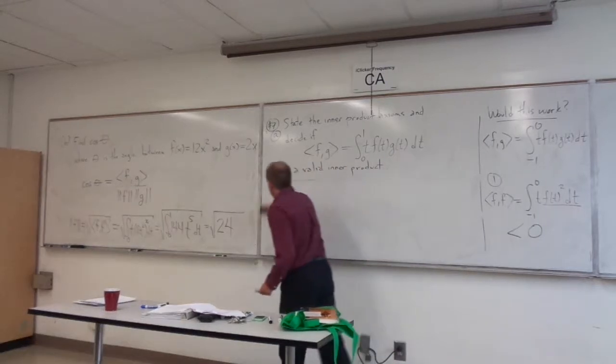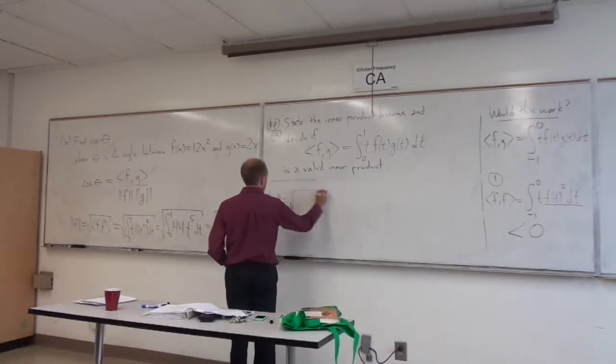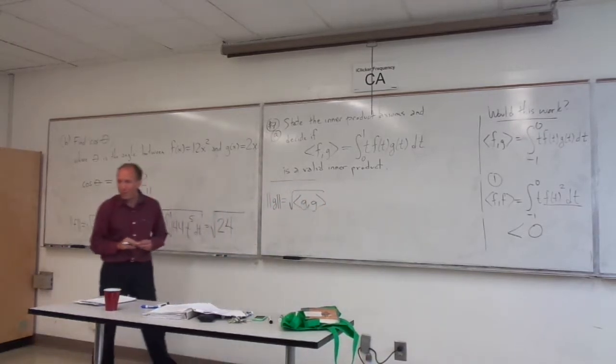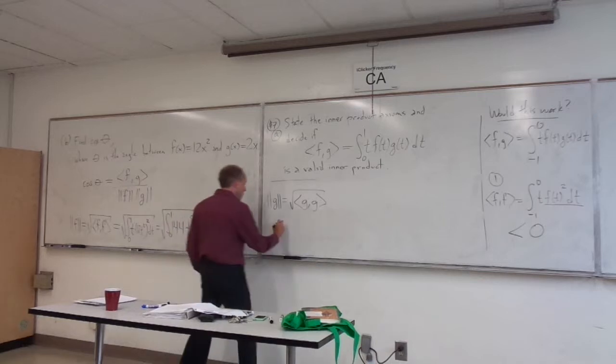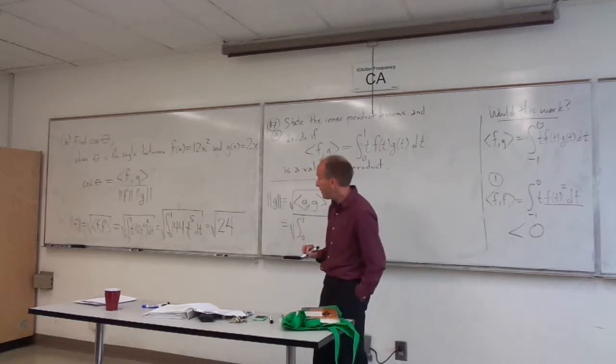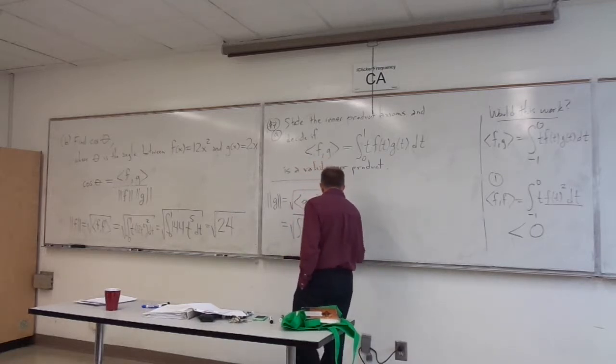Now we also need to find the norm of g. Give this one a try real quick. This is going to be the square root of the inner product of g with itself. I'm going to try and do this one fairly quickly. It should be fairly easy. The integral from 0 to 1 of t times the quantity 2t squared.